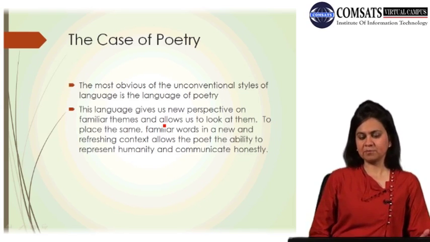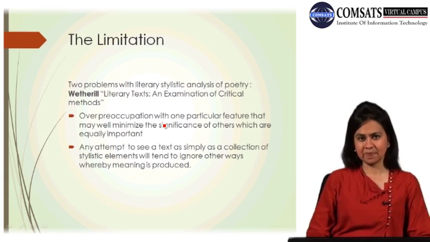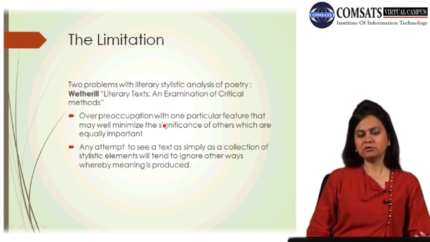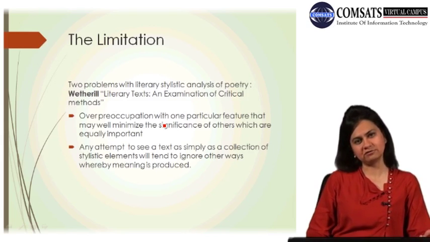So in this way, poetry is ambiguous, complex, because of its language, because of its over-dependence and excessive use of devices. And according to Widdowson, poetry is not possible without deviation, without the use of imagery, and without the use of figurative language.